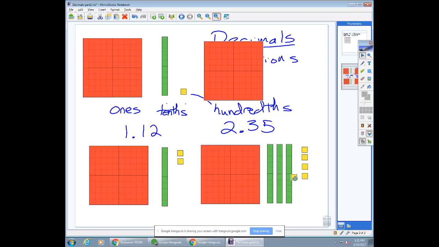Right, yeah, so decimals, like other fractions, do have different names. Like 1/2 is also 2/4 or 3/6. Same thing applies to decimals. We could call this green stuff 3/10, right? Or like it's written up there, we could say it's 30 100ths, depending on how you view it.